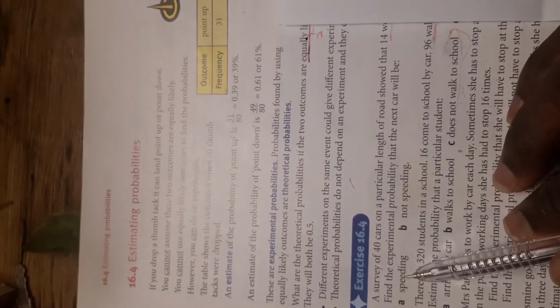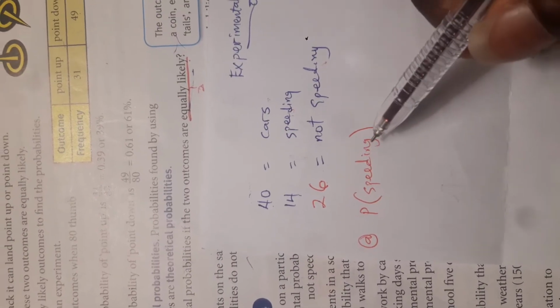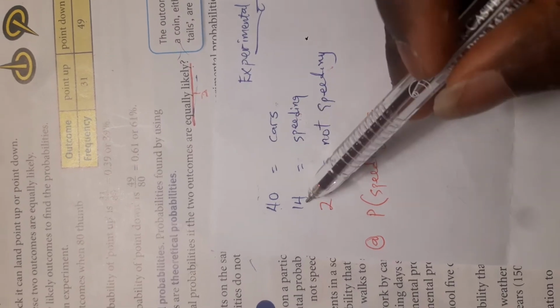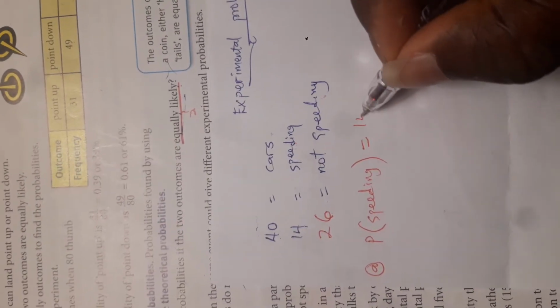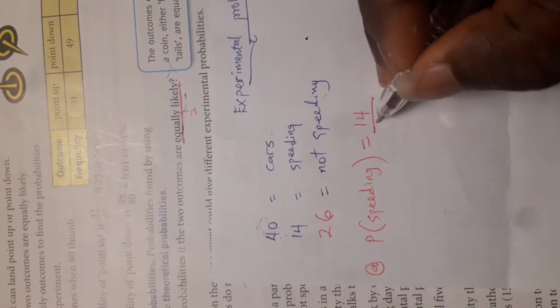Now how can I express this as an experimental probability? The first one asks for the experimental probability of the speeding car. So the probability of the speeding car is equal to what? The number speeding is 14, so I have 14 divided by the total number of cars, which is 40.